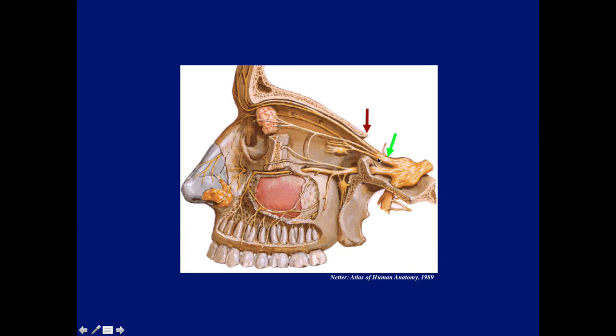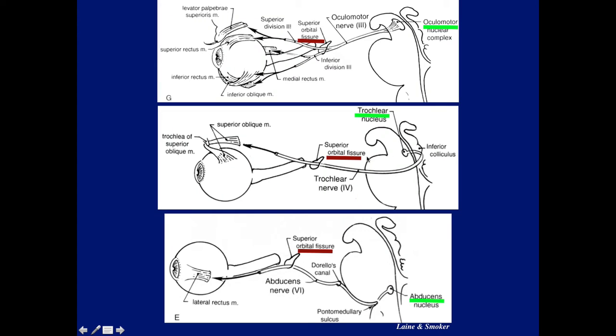We're going to just focus on the first division, the ophthalmic nerve. It actually breaks up into its various components before it enters the superior orbital fissure. Other nerves going through the superior orbital fissure are the oculomotor nerve, the trochlear nerve, and the abducens nerve.